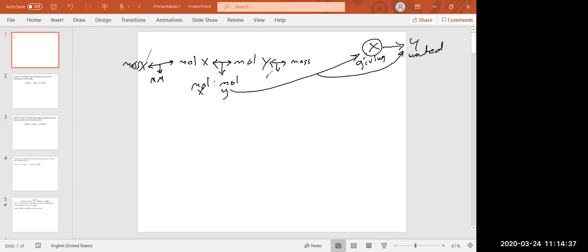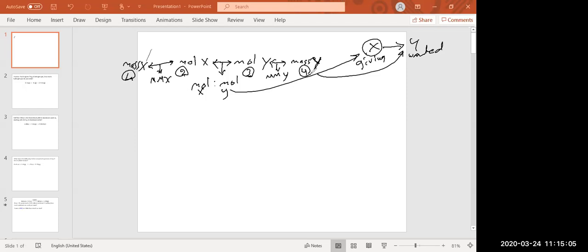By using the molar mass of Y. So when they give you information in the question, the given could be either step 1, which is a mass, or step 2. And what they are asking, they could ask for either mole of Y, which is step 3 here, or mass of Y, which we will consider step 4 here.